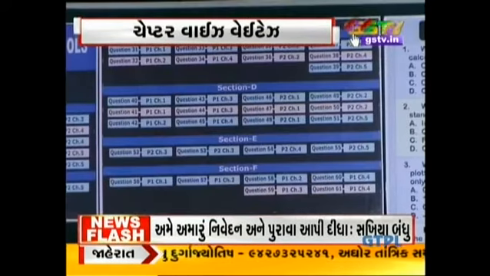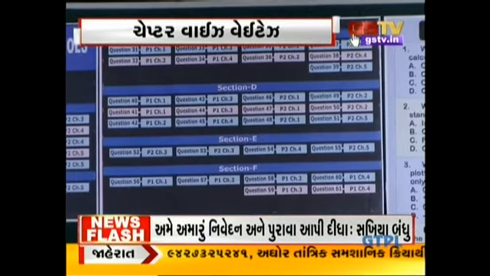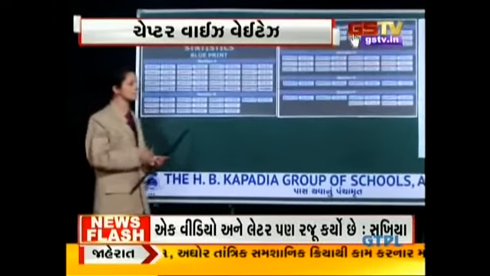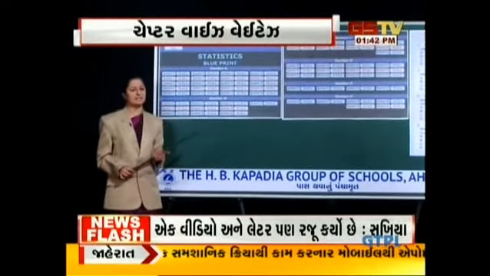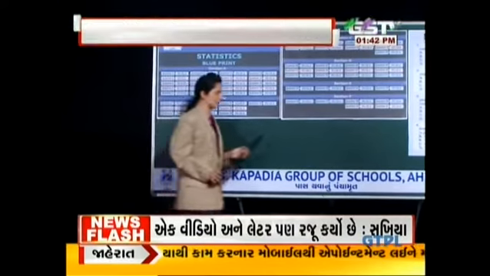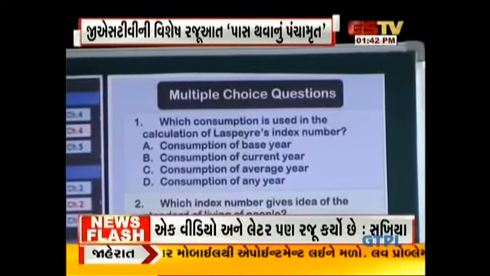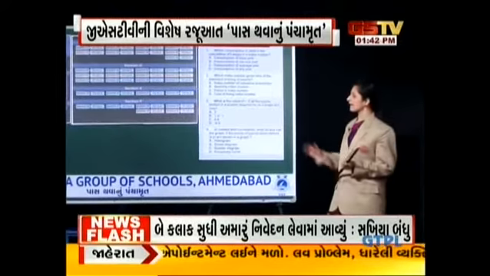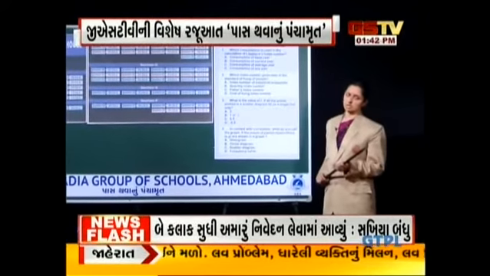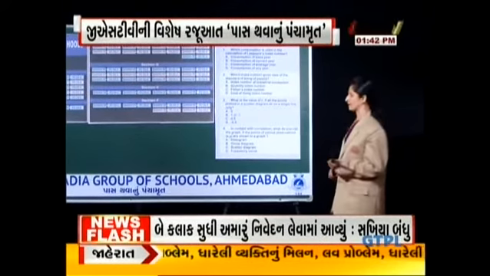Now, as we have discussed that section A has 20 marks weightage, so we will discuss a few MCQ examples for your understanding. Let us see examples of multiple choice questions which can be asked in the board examination.